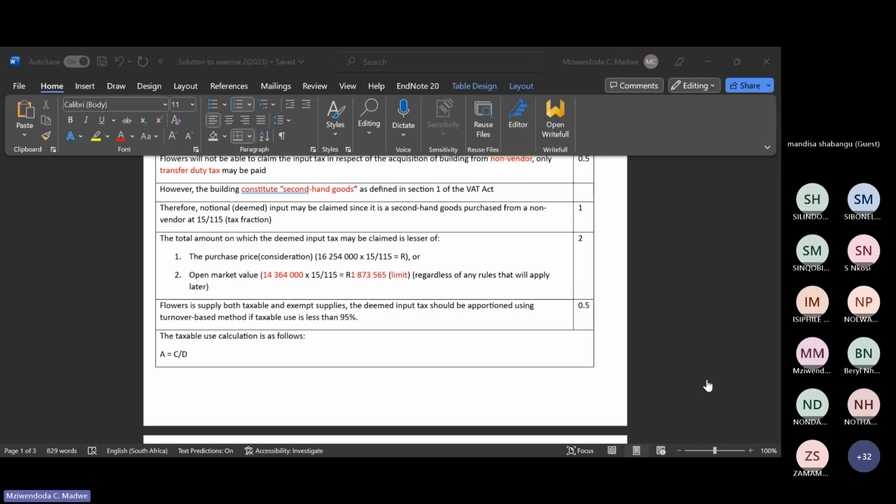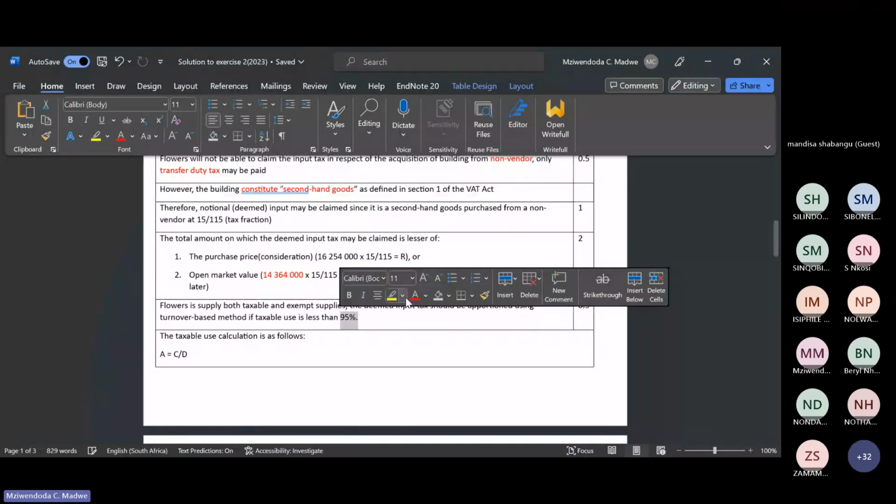So remember, if you are supplying both exempt supply and taxable supply, you have to apply what is known as the 10 over base method. A 10 over base method is based on 95%.